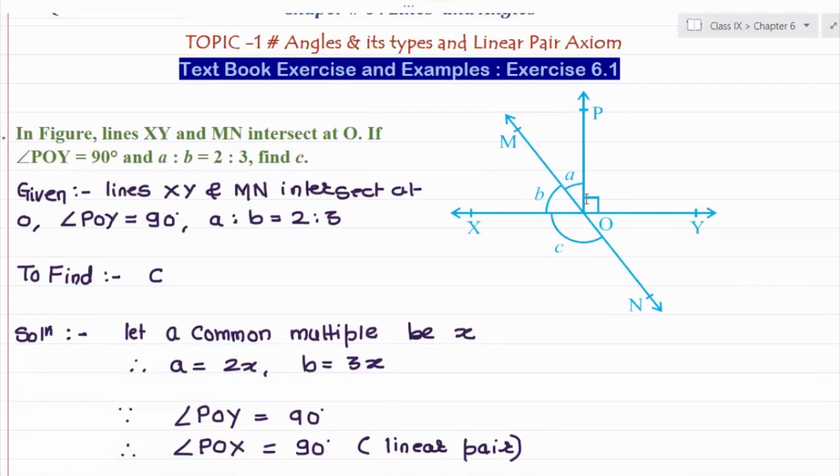So see, one thing you observe: the line MN is given in the question. MN is a line, and at the point O it is forming two angles.